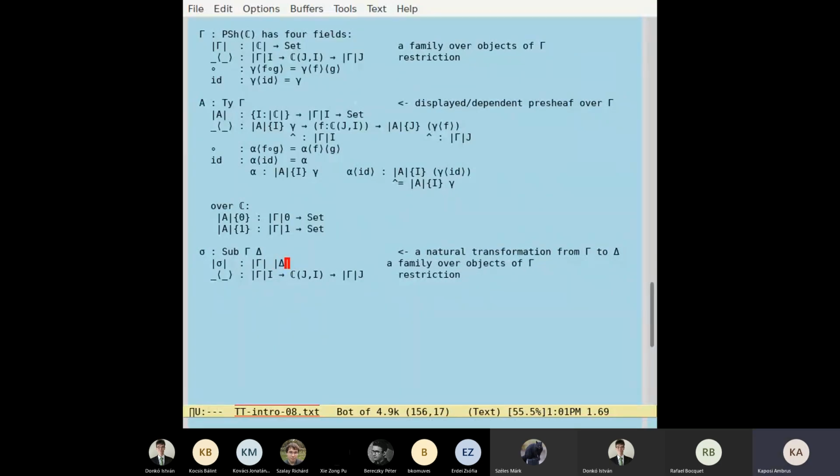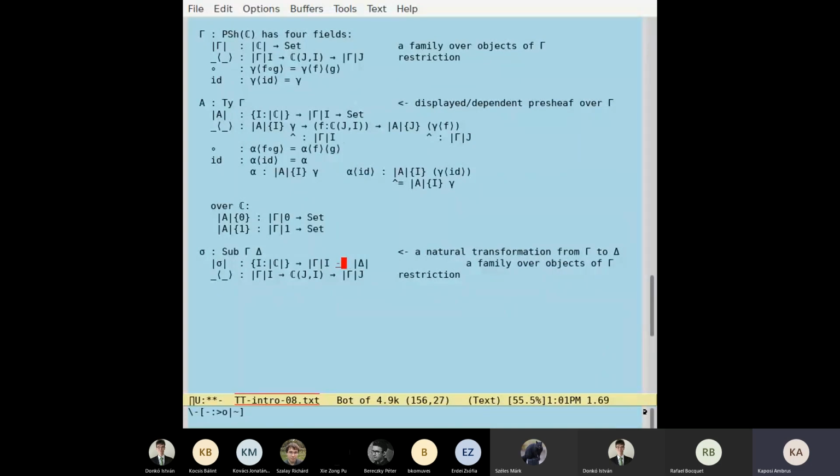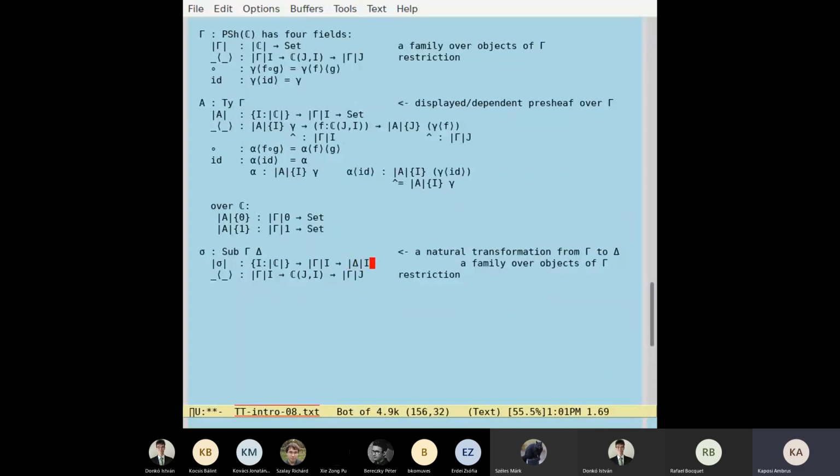But the gamma and delta are not sets, but families of sets. So what you say is that for every I in C, you get a map from gamma I to delta I, right? Gamma I and delta I are sets, okay? So we just set for every I, we have a function, okay?